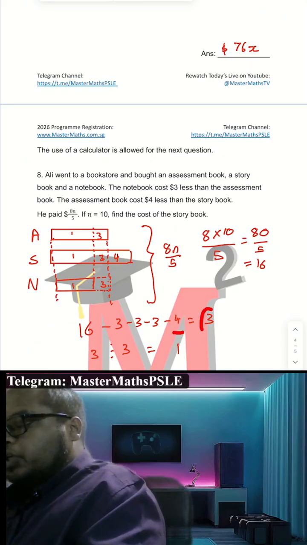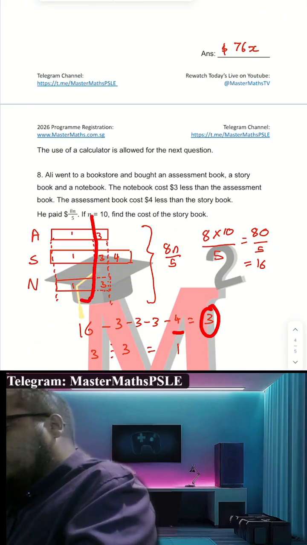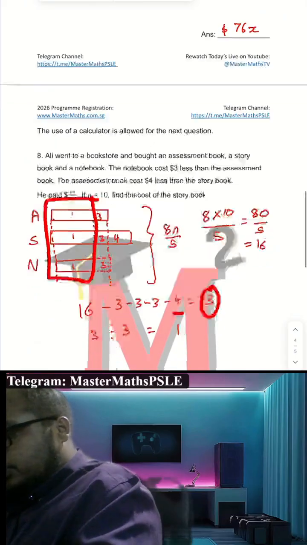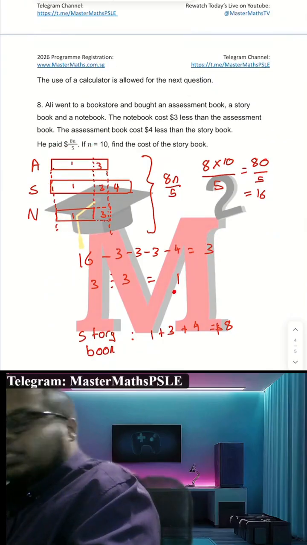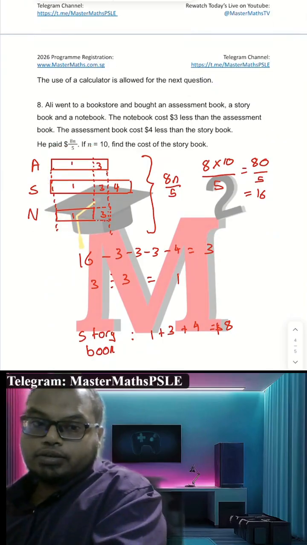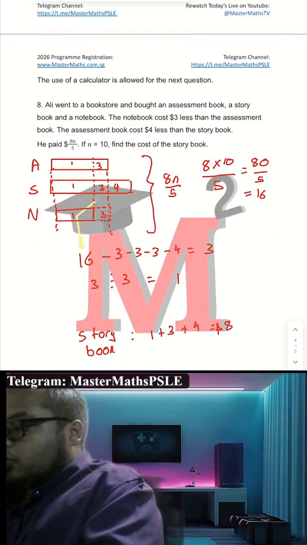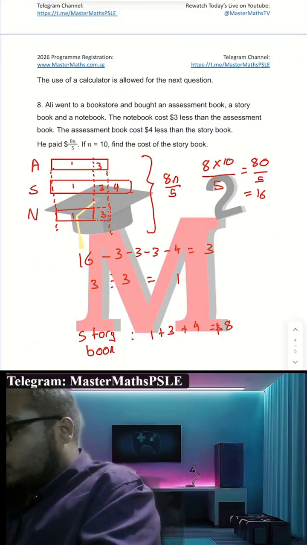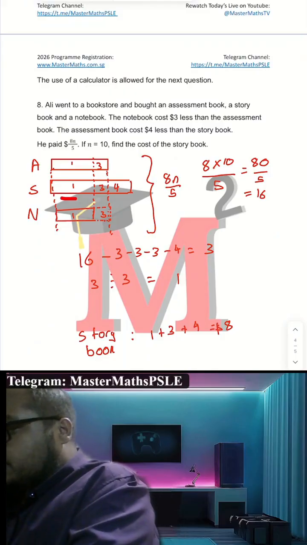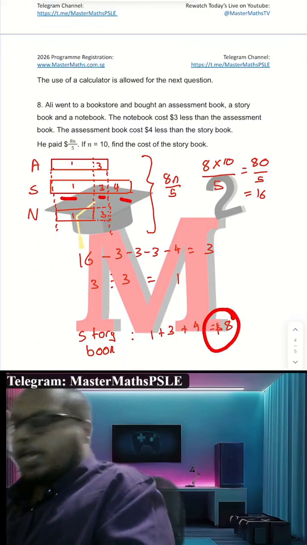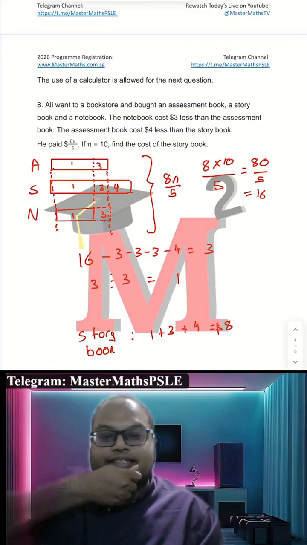Minus 4 is 3. So the total of these 3 portions is $3. So 3 divided by 3 is 1. So find the cost of the storybook: 1 plus 3 plus 4, $8.